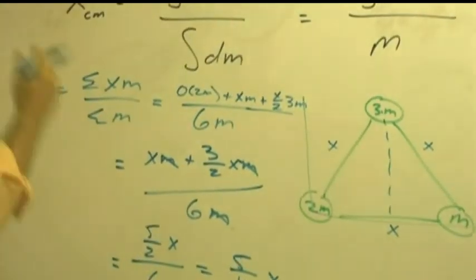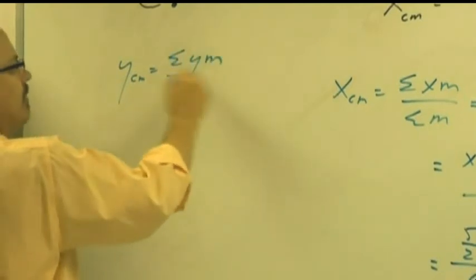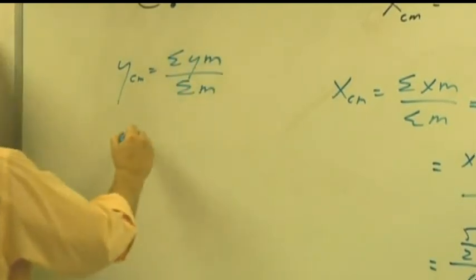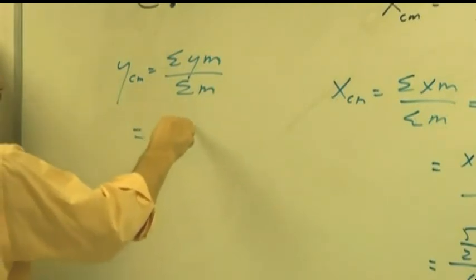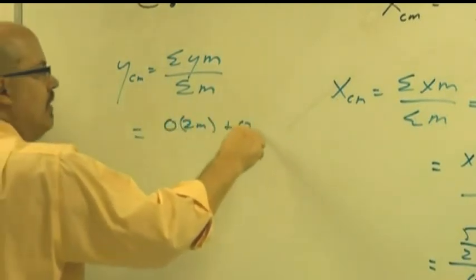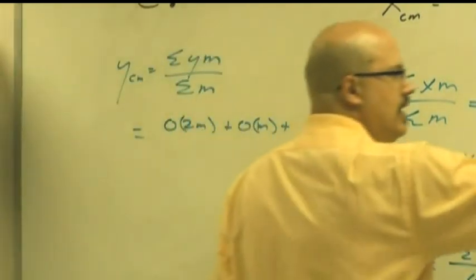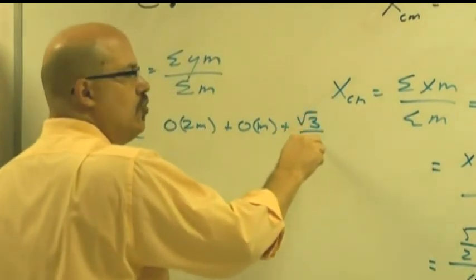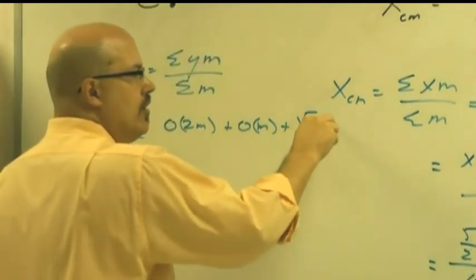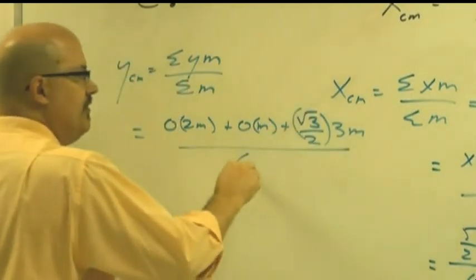All right, now let's do the vertical part. Y center of mass equals the sum of my ym's over the sum of my m's. Okay, the sum of my ym's. Well, I'm going to get 0 times 2m plus 0 times m plus, what's this? Square root of 3 over 2, square root of 3 over 2, 3m over 6m.